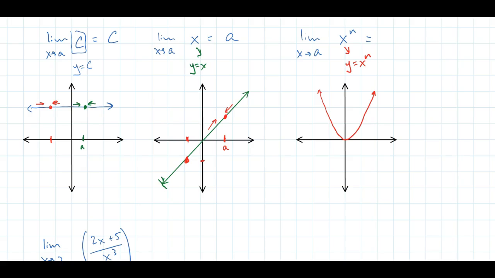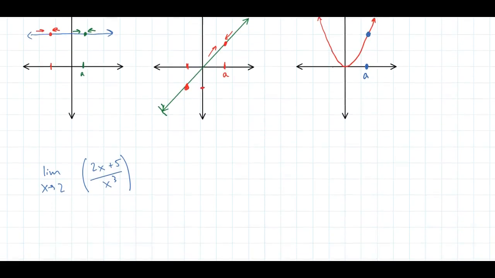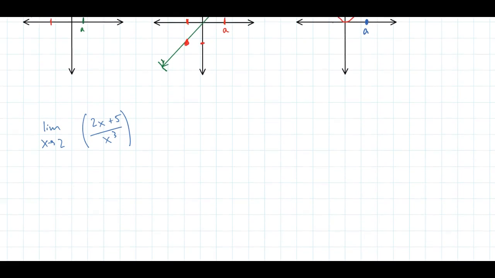No matter where I pick my value of a, the y value is going to be that a to the nth power. There's no skips, no jumps. It's almost like I'm just allowed to do a direct substitution. Now we can do a couple more properties with that, but let me jump to an example.